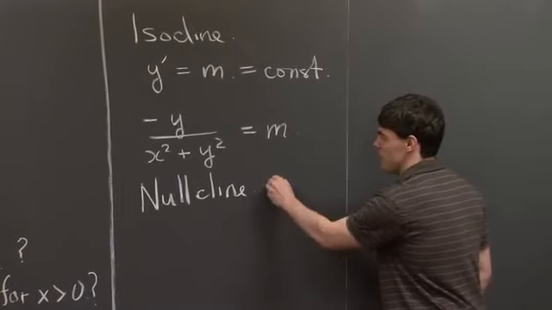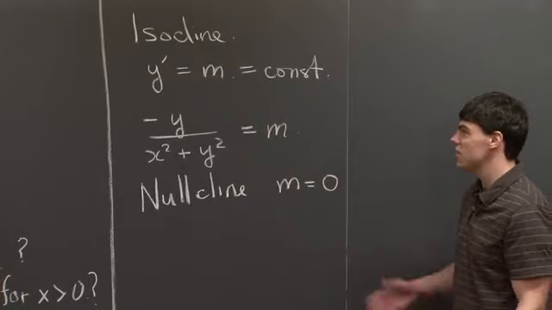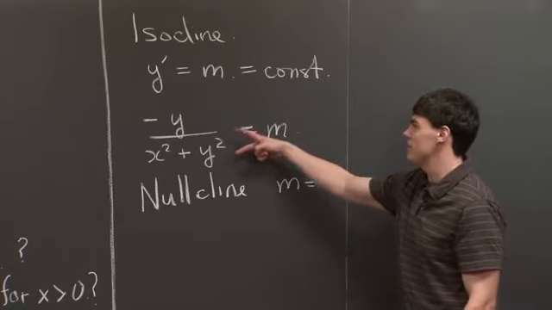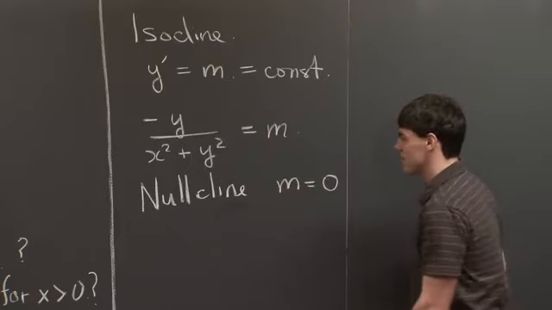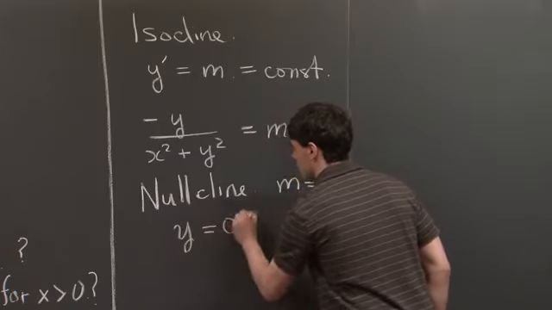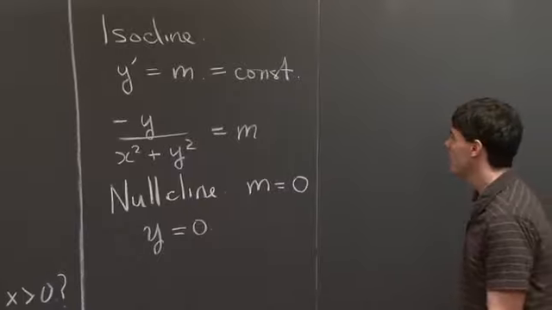And this is just the special case where m is equal to 0. So what's the nullcline for this ODE? Well, when m is equal to 0, the only way that y prime can be 0 is when y is 0. Okay, so the nullcline for this ODE is y equals 0.